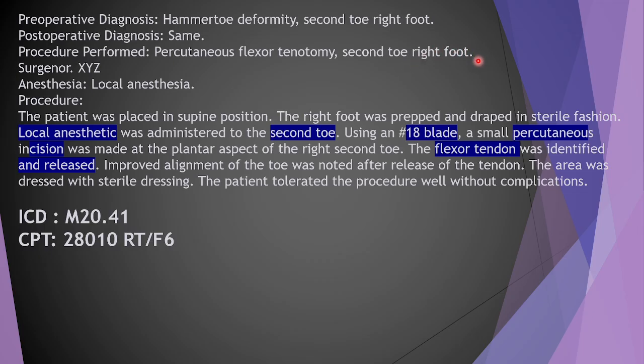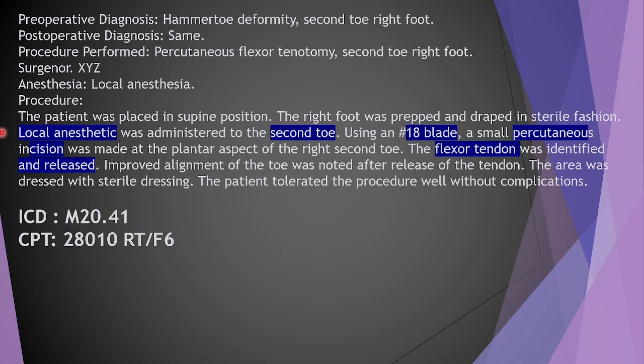Many coders, after seeing the preoperative diagnosis and the procedure, simply code it, but they do not read the procedure description. So the main thing is that we have to see the description of the procedure. Next, the patient was placed in supine position, the right foot was prepped and draped in sterile fashion.